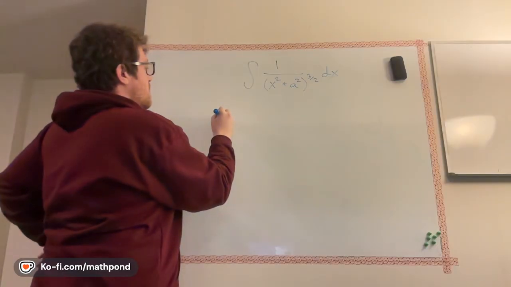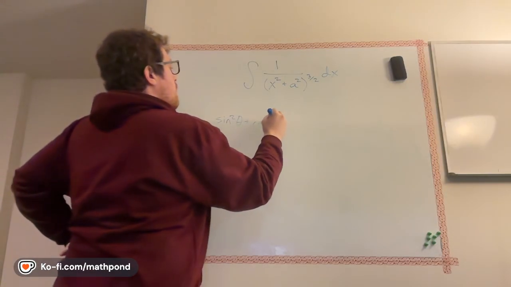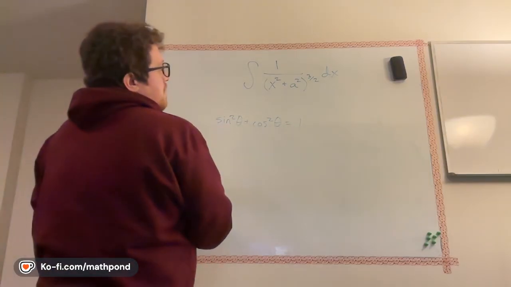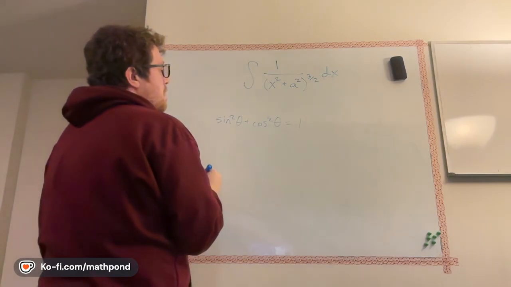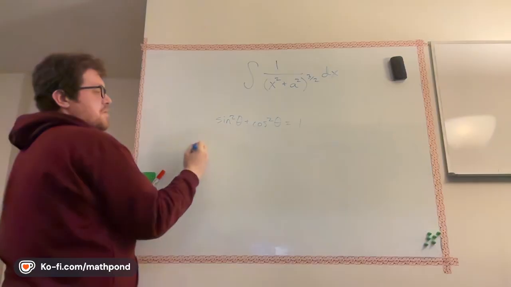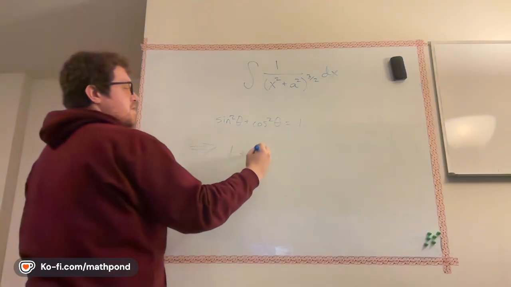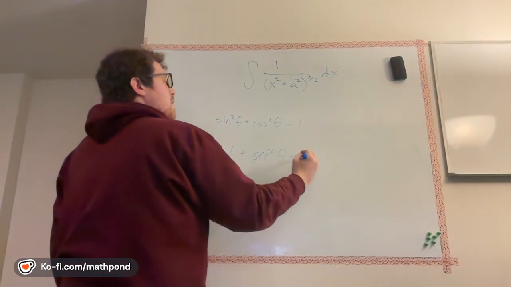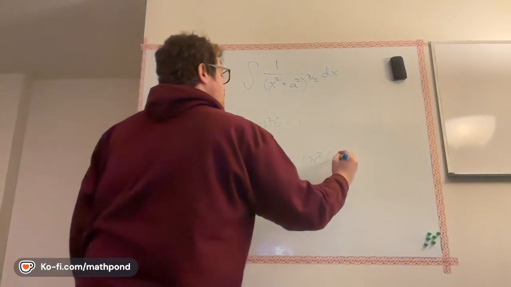So we know that sine squared plus cosine squared is 1. We know that, what else might we need? So we can always find the other ones from this by like dividing by sine squared or something, right? So 1 plus cotangent squared is cosecant squared, I believe, right?